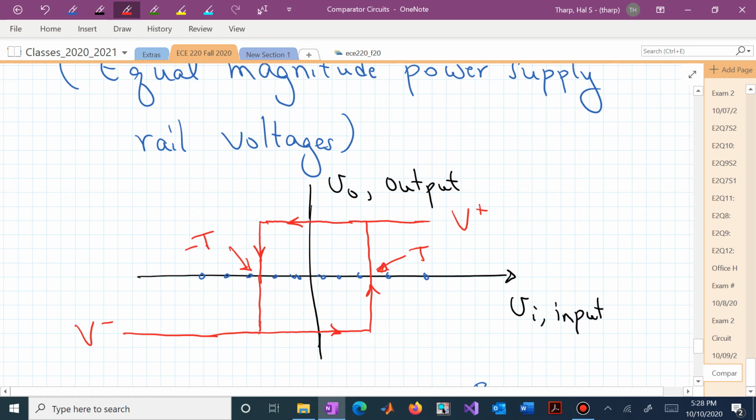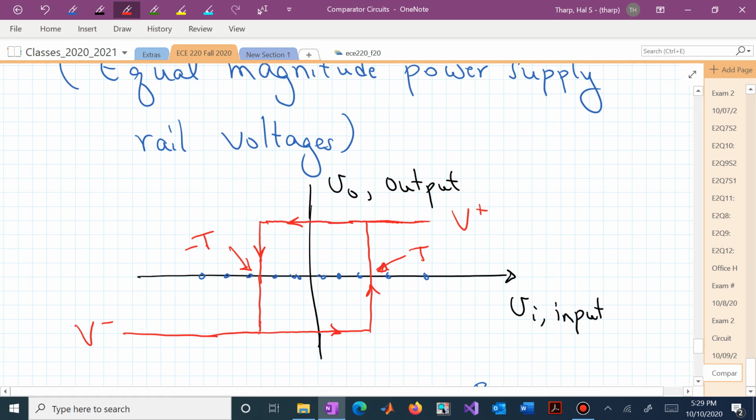Now we have this region that depends on what our input voltage is at. So if somebody said, oh, my input is at 0.1, well, we don't know then if the output will be at V plus or V minus. We basically have to know, where did you begin? Did you begin at V plus and now you're at an input voltage of 0.1?